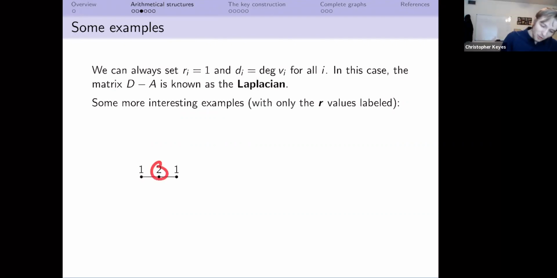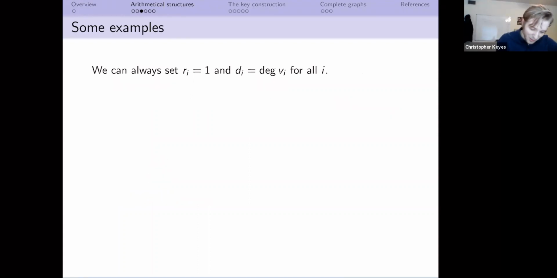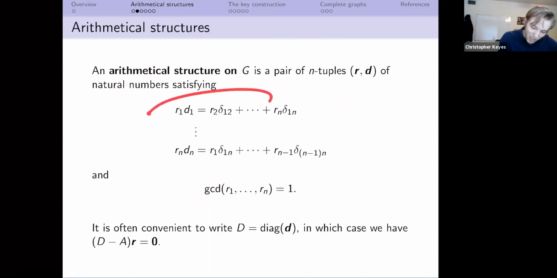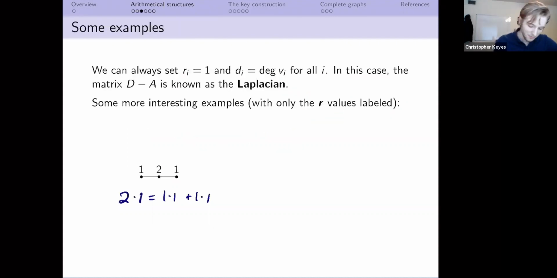Then we can check that 2, right? 2 times 1 is equal to 1 times 1 plus 1 times 1. So I've just written something very obvious, but this is the data of checking that 2, so I guess if I scroll back, we're checking that this equation is satisfied at the vertex where R equals 2.